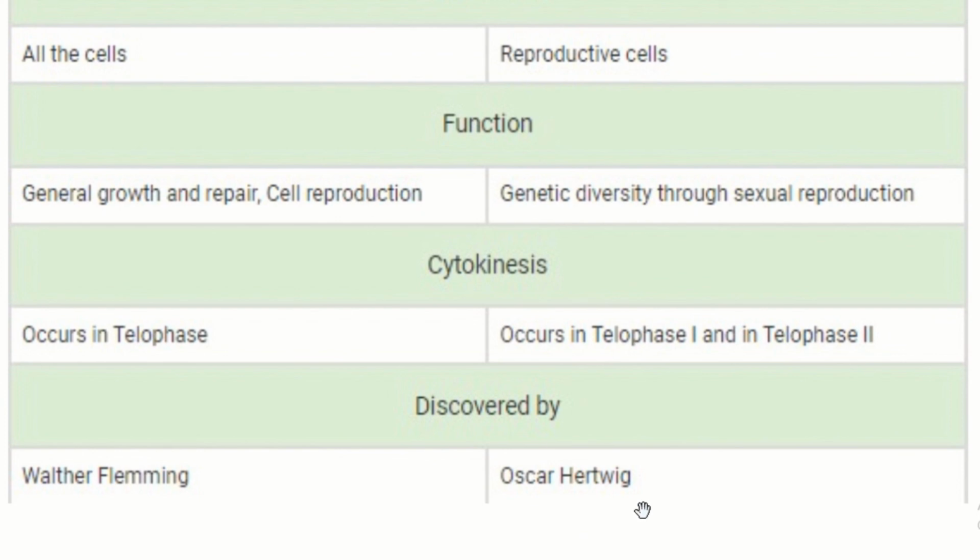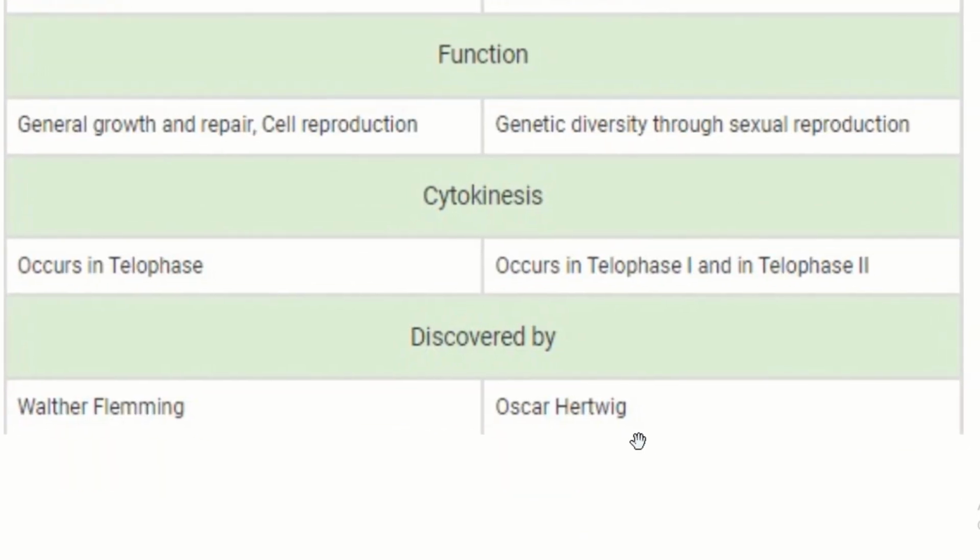Cytokinesis occurs during telophase in mitosis, and cytokinesis in meiosis occurs in telophase 1 and then in telophase 2. Mitosis was discovered by Walter Flemming, while meiosis was discovered by Oscar Hertwig.